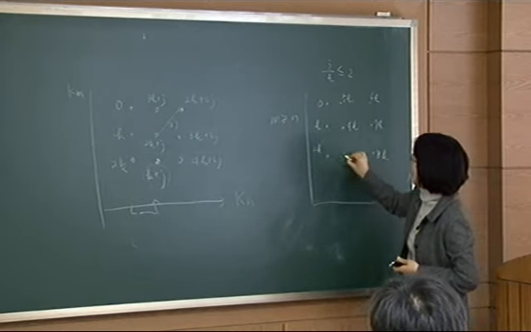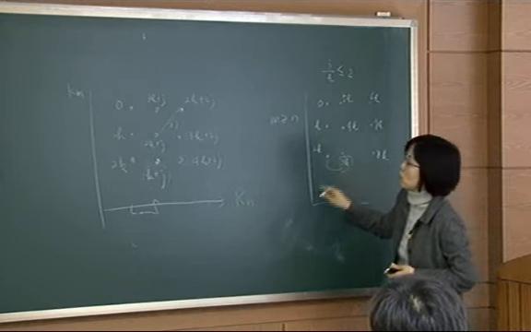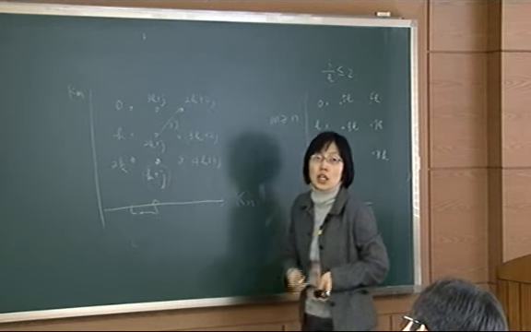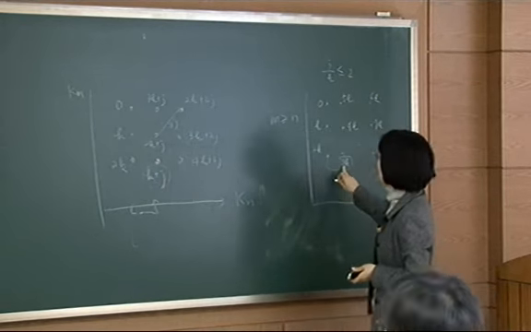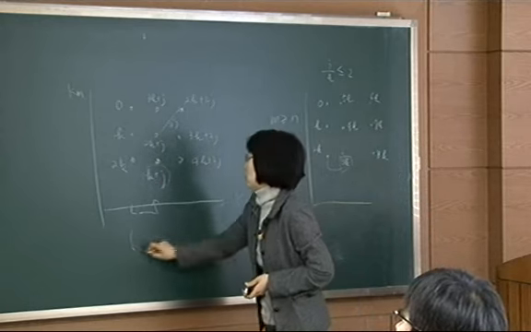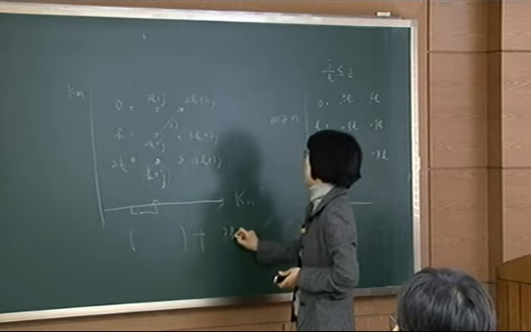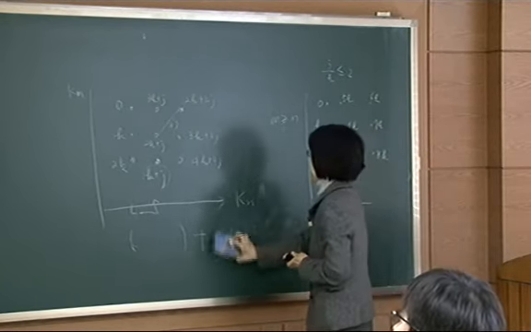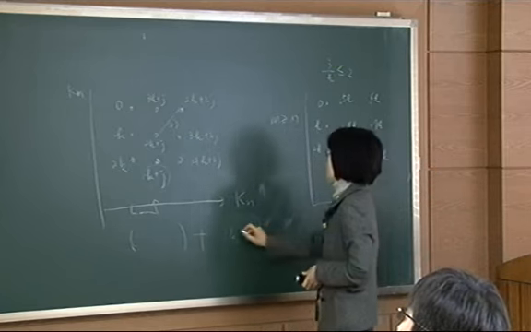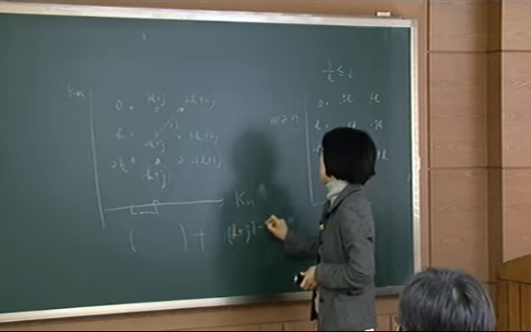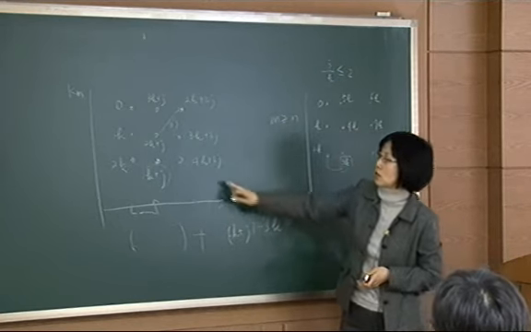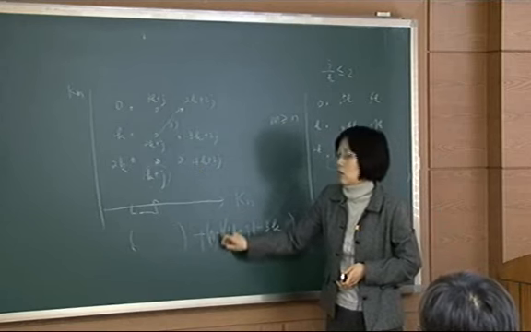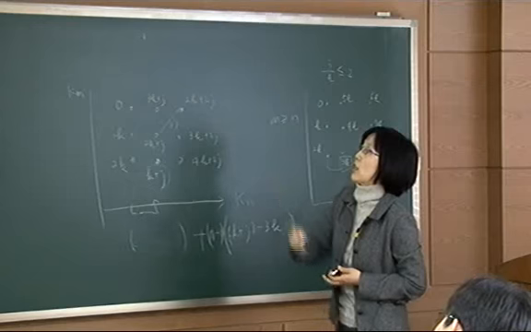So instead of increasing k from here, you increase by j minus k. So optimal is k plus j minus 3k, this much you increased here. And you do that whenever your n goes up. So that's the extra k.